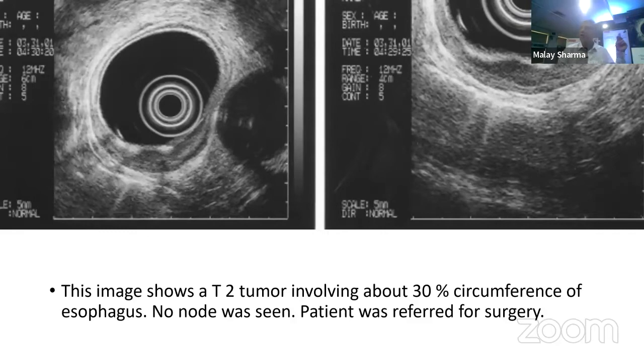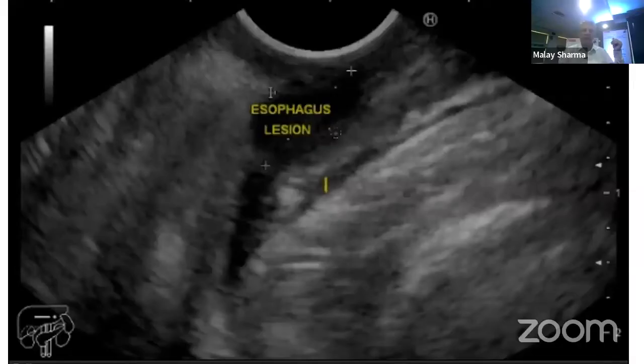Till the tumor is T1, it can be operated. But the moment it becomes T2, the tumor cannot be endoscopically dissected. Till it is a T1 tumor, it can be removed by ESD or EMR. So this is an esophageal lesion, which is about 1.2 centimeter in diameter.